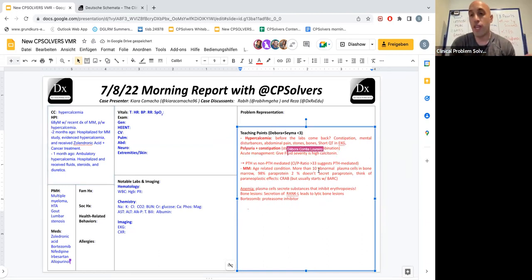And it depends on the etiology. In this case, the physicians gave zoledronic acid, a bisphosphonate, which is a very good approach to managing hypercalcemia in the context of malignancy. With the bisphosphonates, if you ask the question, what determines the calcium in the blood? Where does calcium truly exist? The majority is in bones.